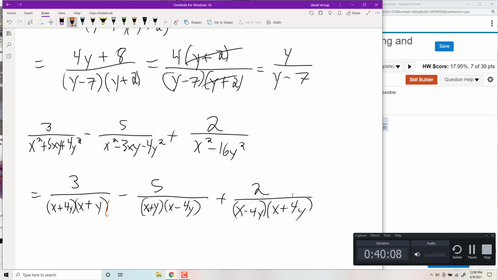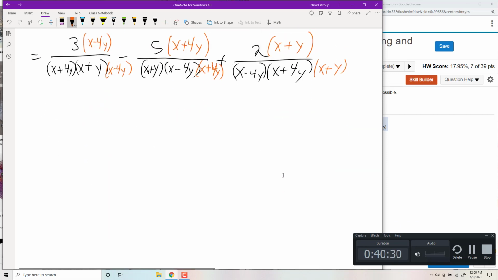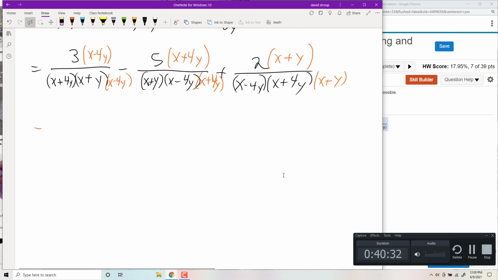Okay. Then you need common denominators. The first one, x minus 4y in top and bottom. Second one, I need an x plus 4y. And the third one, you need the x plus y. Okay. Combine the numerators over the common denominator.